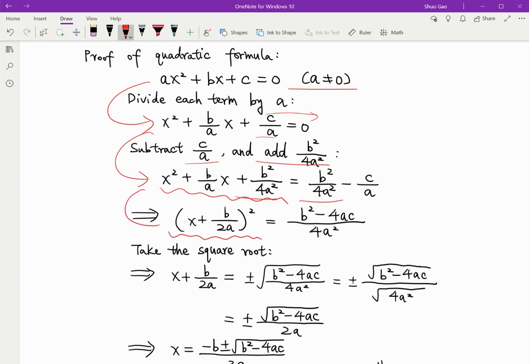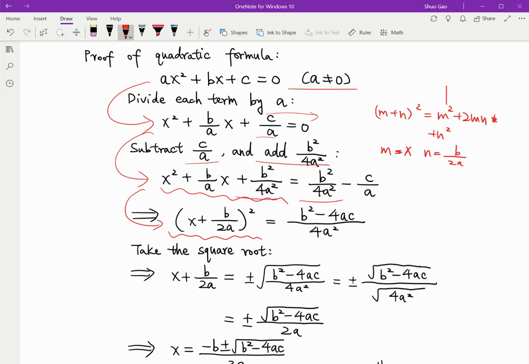How we come from this to this is that we use a general formula: n plus m squared equals n squared plus 2nm plus m squared, right? So in this example, n is x, and m is b over 2a.